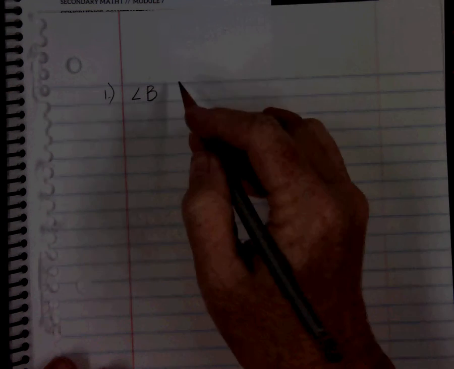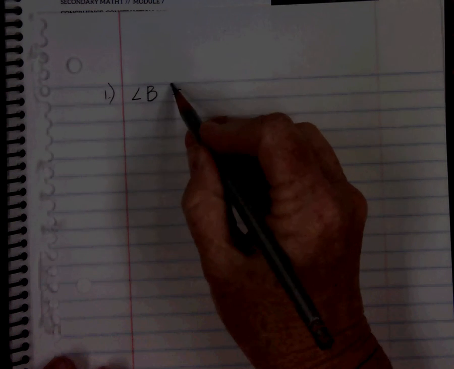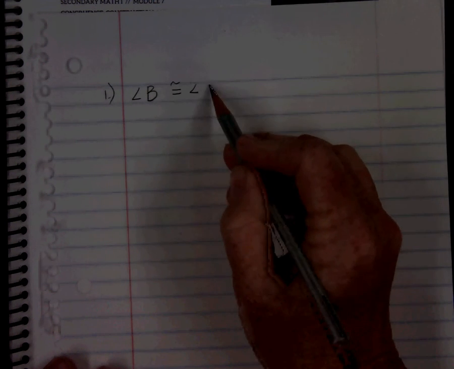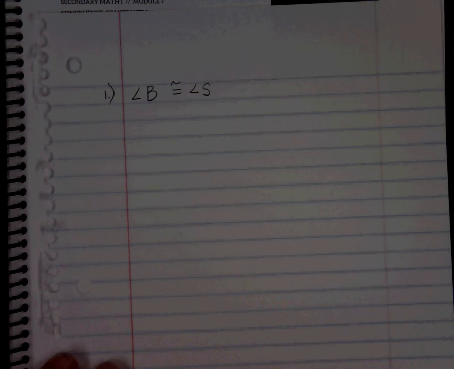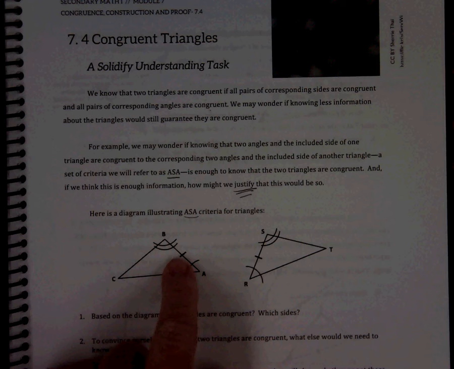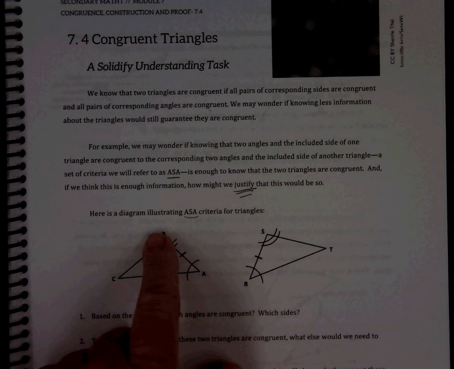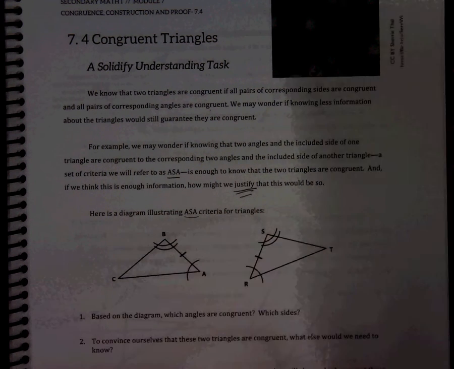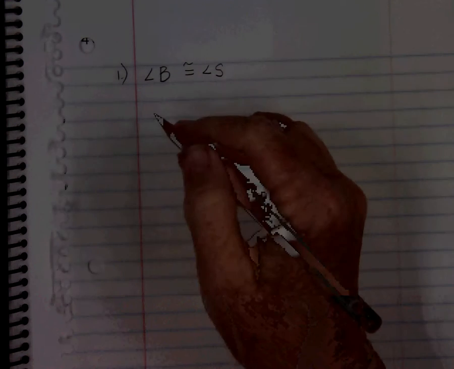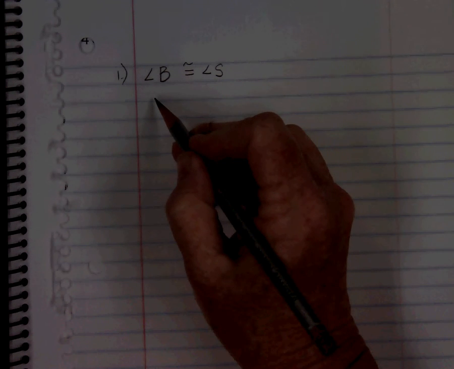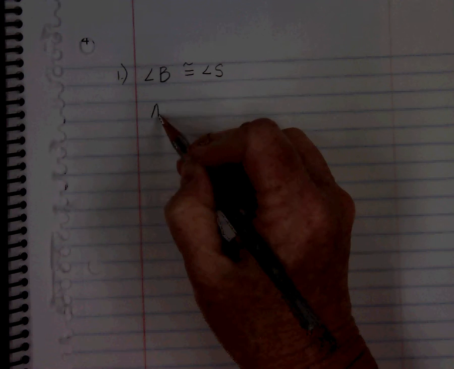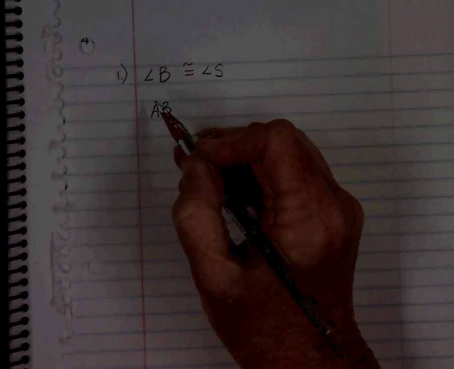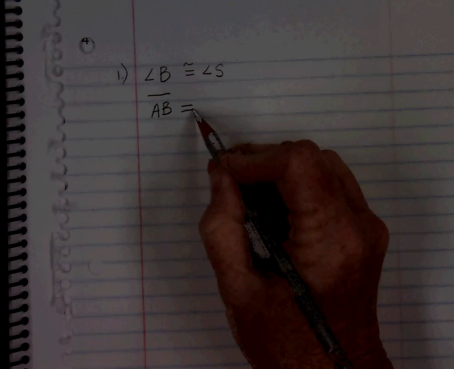Okay, angle B is congruent to angle S. Side AB is congruent to side RS. I'm going to leave some space so it's clear, but you could do it how you want to work.